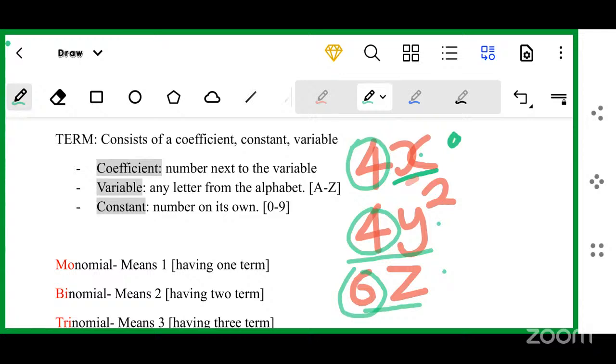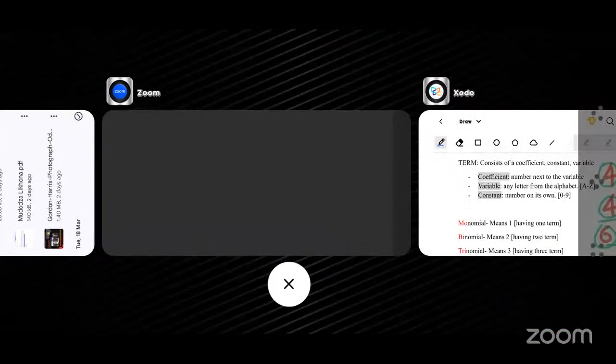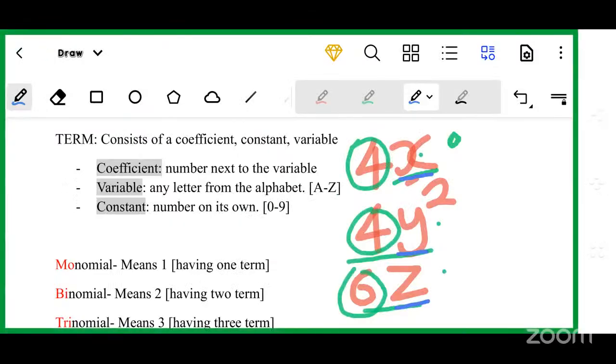For the first one the variable is x, for the second one the variable is y, for the third one the variable is z. Are we clear with that part? Yes, ma'am.